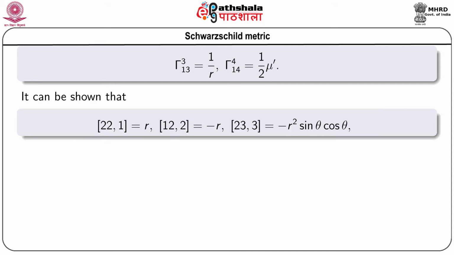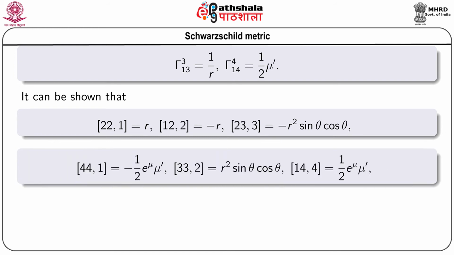So, we can also see that the Christoffel symbol of first kind for 22 comma 1 equals r, 12 comma 2 equals minus r, and 23 comma 3 equals minus r square sin theta cos theta. Similarly, the Christoffel symbol of first kind for 44 comma 1 equals minus 1 by 2 e to the power mu dash.